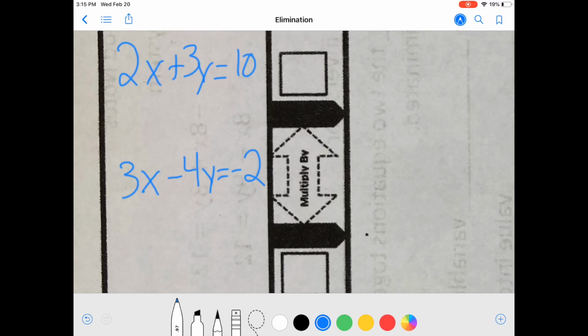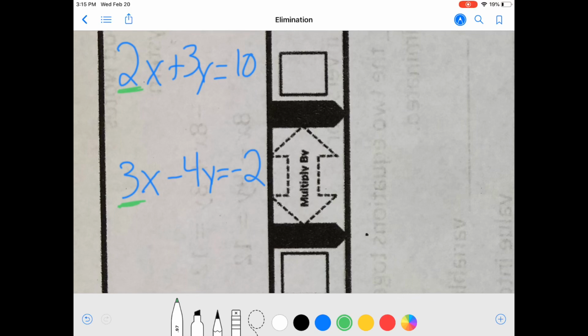In this, we want to look at our x coefficients or our y coefficients and figure out if we can multiply to get to one number. So looking at 2 and 3 for the coefficients of x, what can we multiply both of them to get the same number? Well, we could multiply both of them to get to 6. We could also multiply both of them to get to 12.